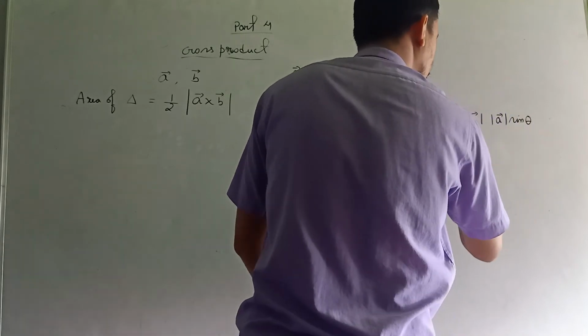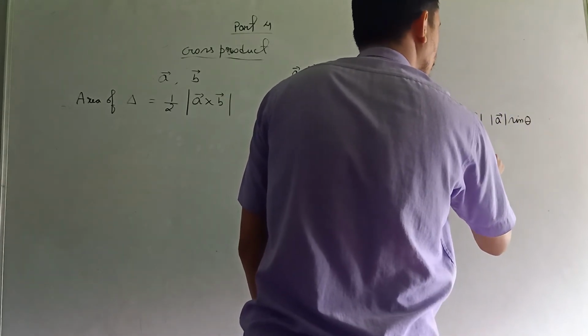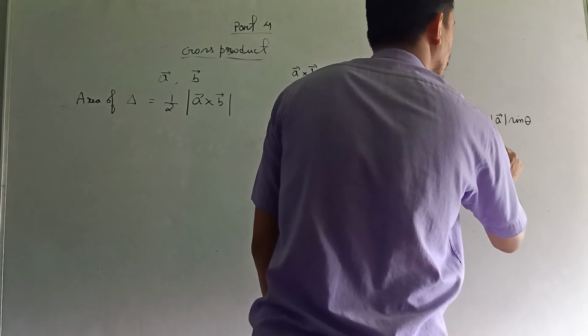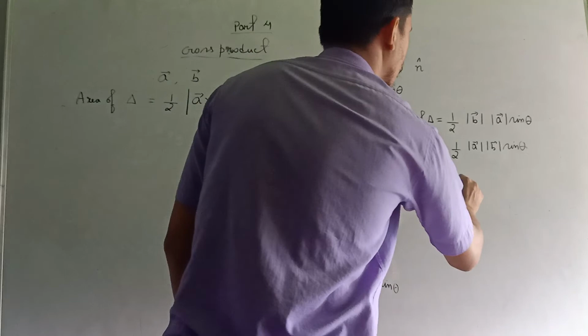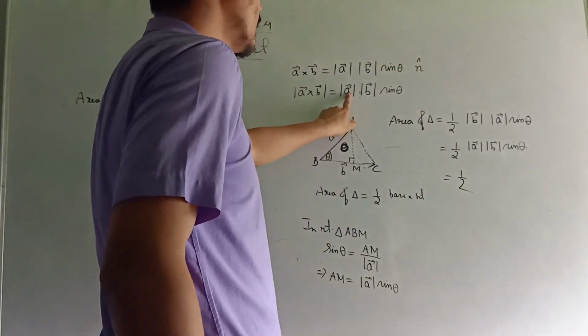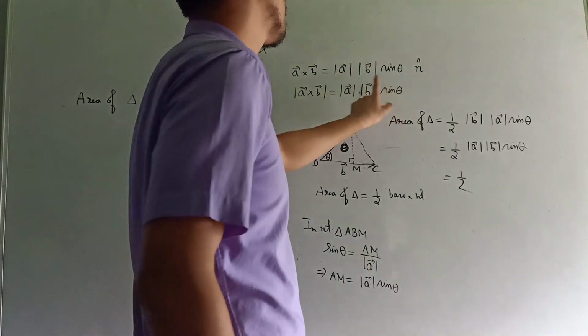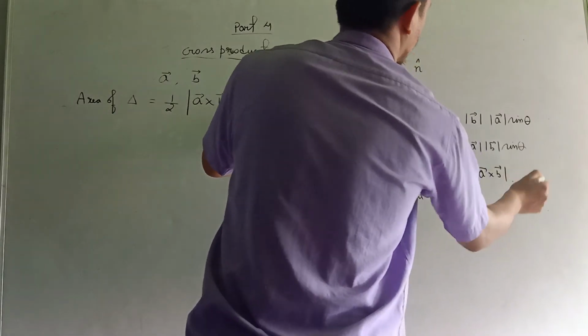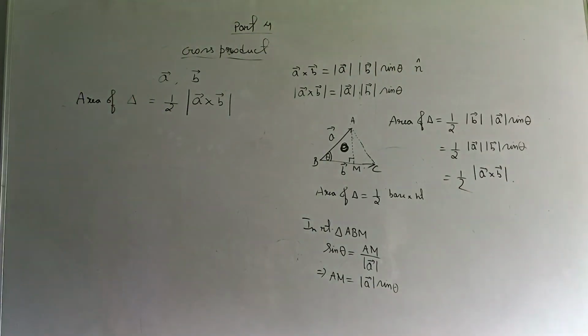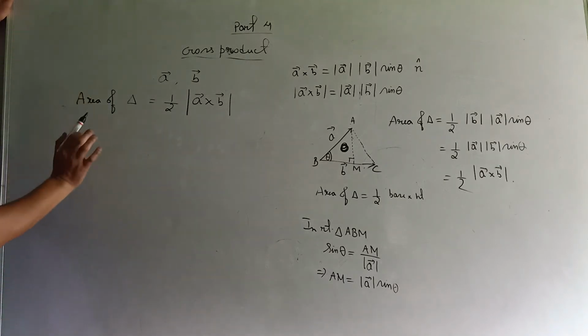So that is half magnitude of A, magnitude of B, with the sine of the angle in between them. Simple. Is it okay? So this is your 7th derived result.